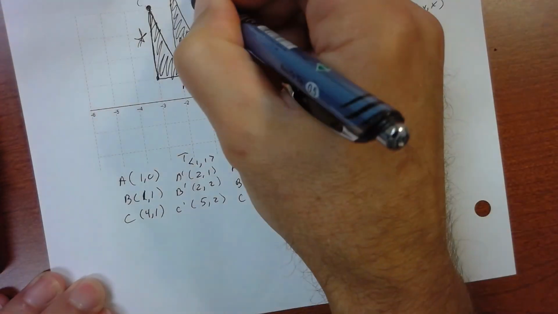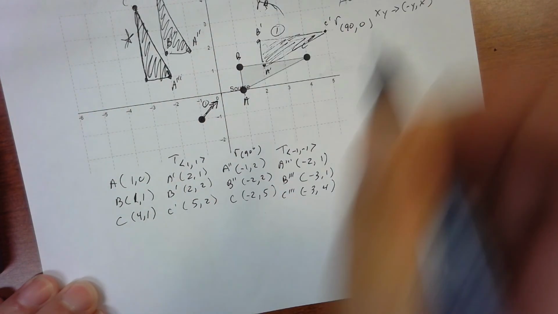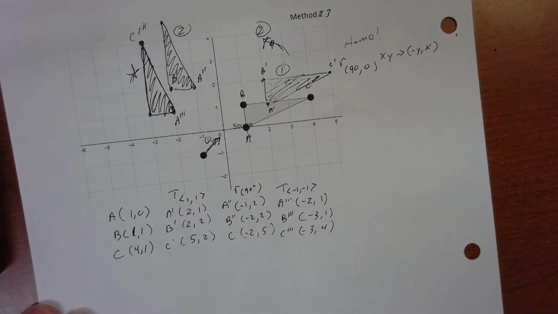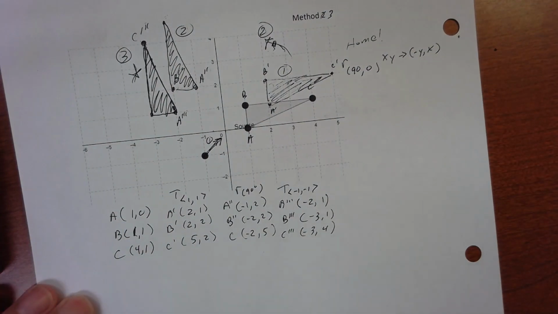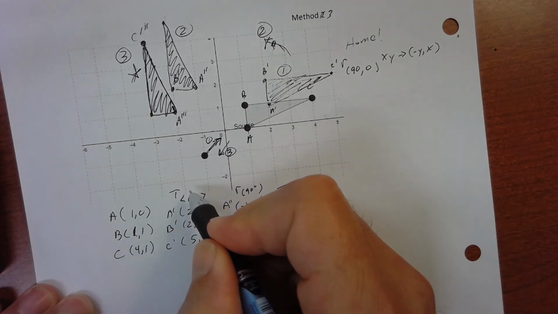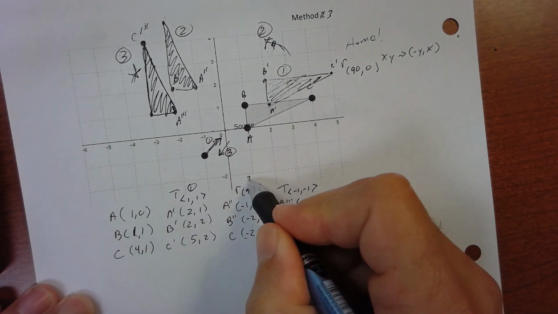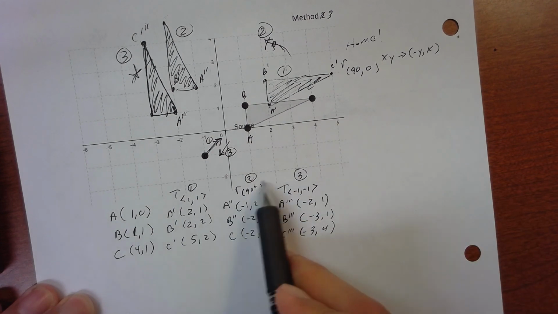Step 2 was rotating it, okay? And then step 3 was translating it right back where it was supposed to go. So step 1, translate, step 2, rotate, step 3, translate again.